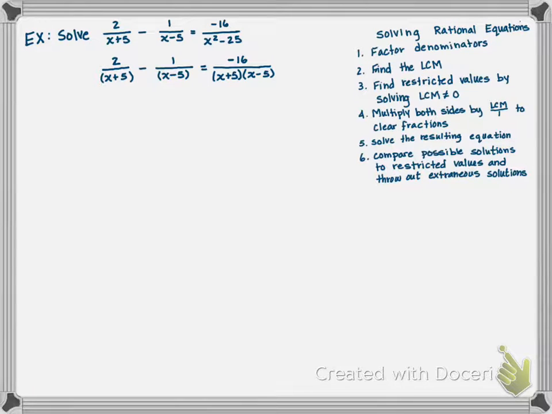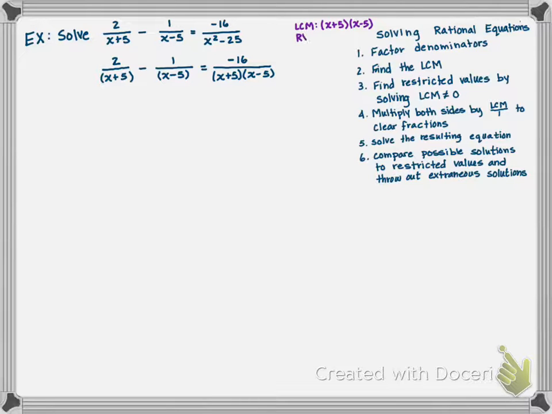So then my LCM, I can write it really small up here. My LCM is what? Yeah, I need a factor of x plus 5 and a factor of x minus 5, and that'll contain all of those. So x plus 5 times x minus 5.